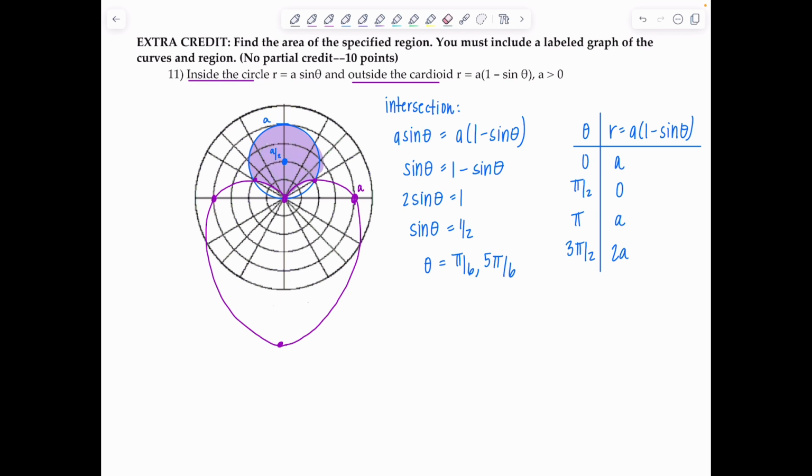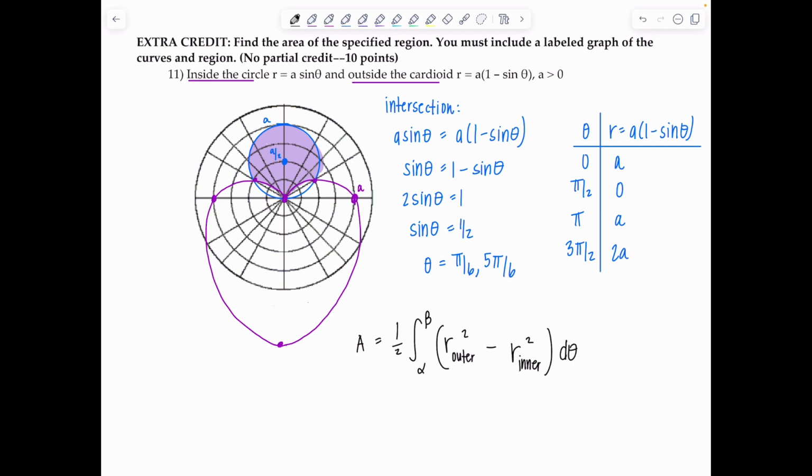Very good. So when you're doing polar area between two curves, you'll have 1/2 integral from alpha to beta of r outer squared minus r inner squared d theta. So you have to determine which one's the outer radius, which one's the inner radius.